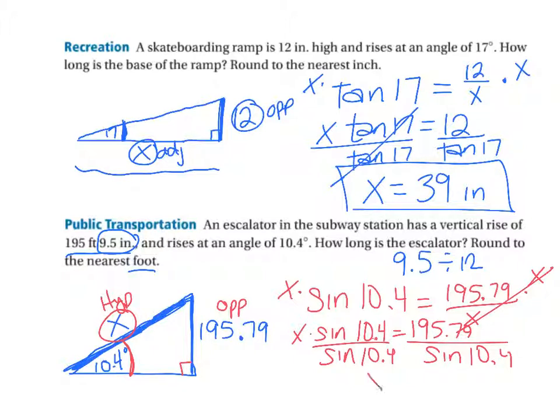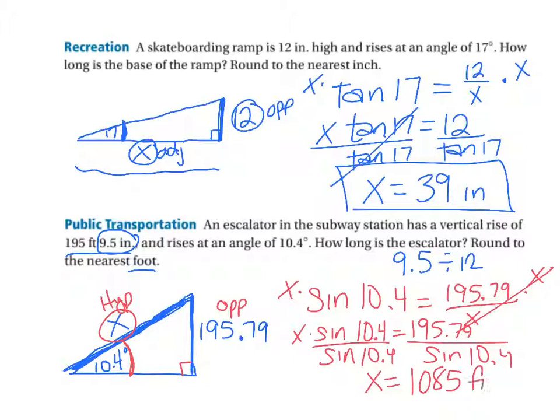I was just looking at that because this seems crazy long, right? I have 1,084, and what do we round to? Round to the nearest foot. My 84 actually rounds up to an 85.